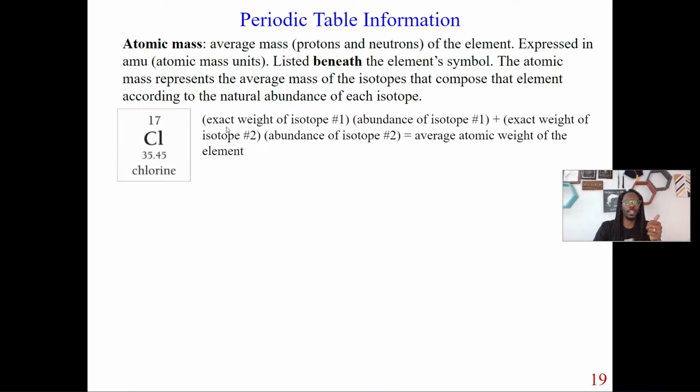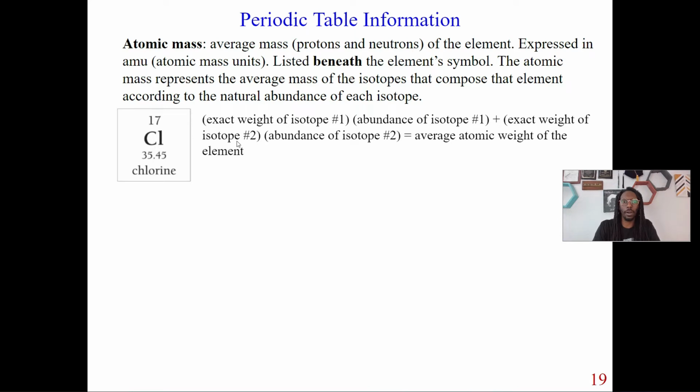All right, so you're going to take the exact weight of isotope number 1, multiply that by the abundance of isotope number 1. Okay, and then we do that same exact thing for isotope number 2.